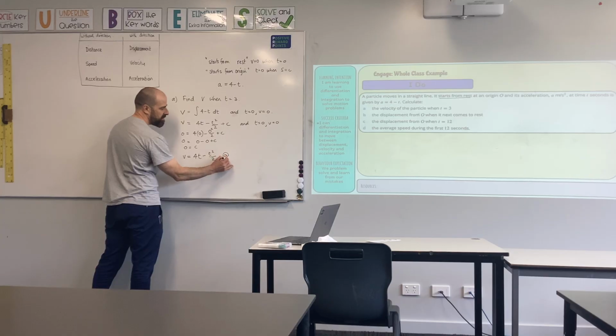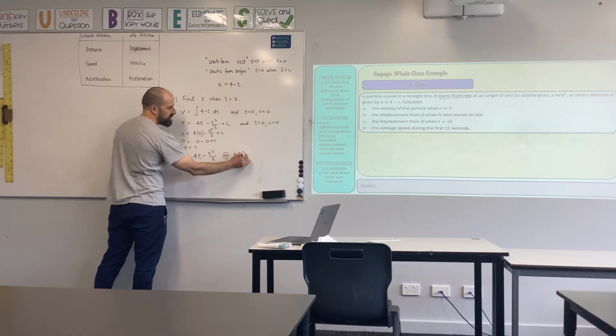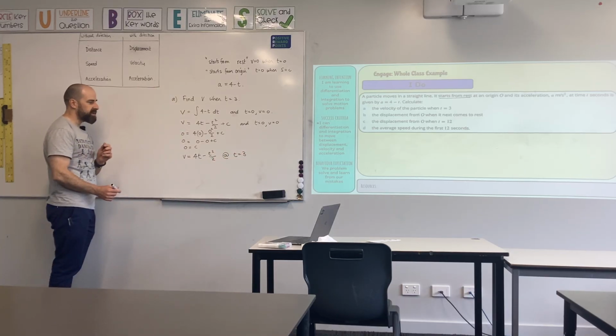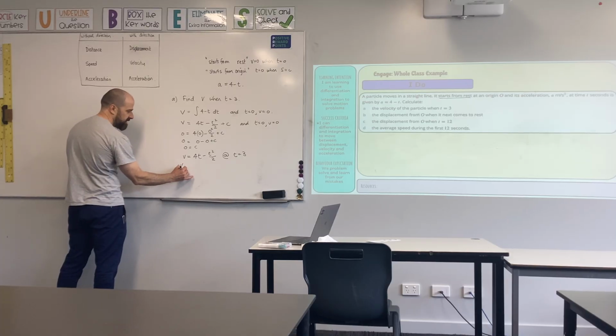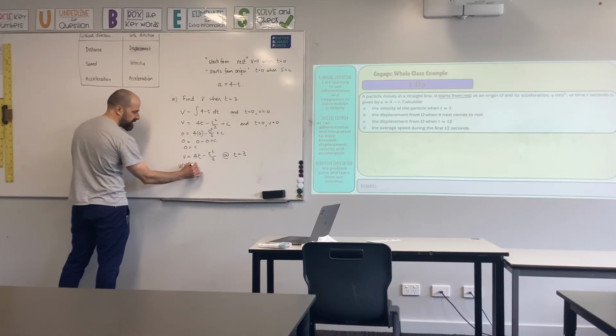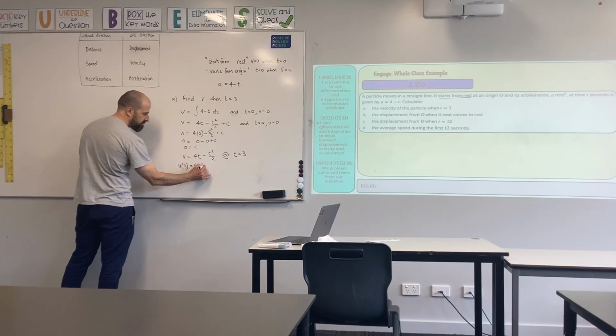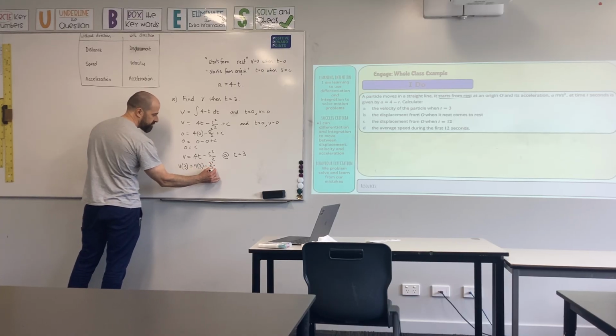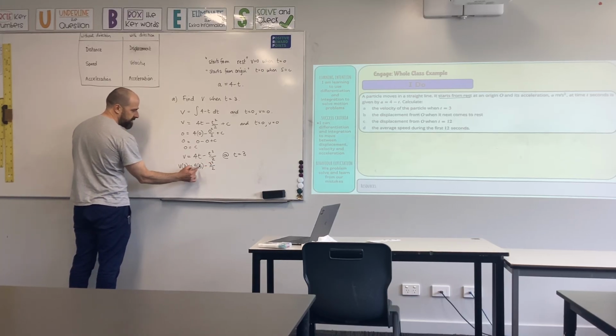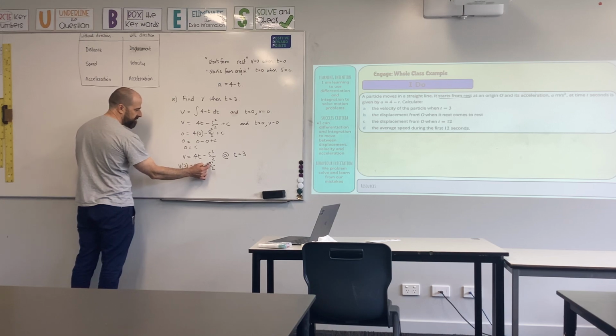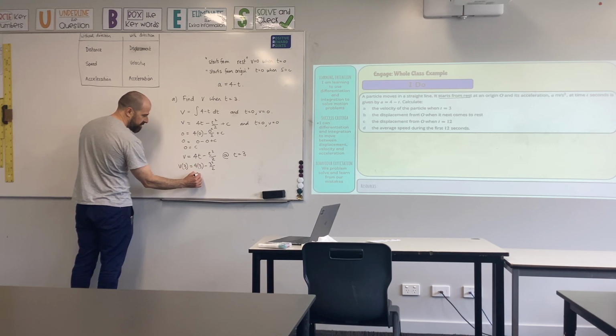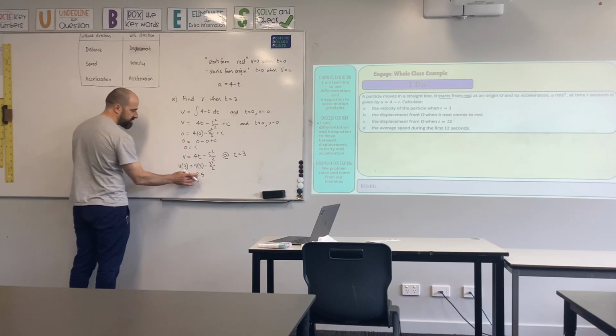And now we're going to substitute t equals 3. So the velocity at t equals 3 is 4 times 3 minus 3 squared on 2, 12 minus 4.5 equals 8.5. No, it doesn't, 7.5.